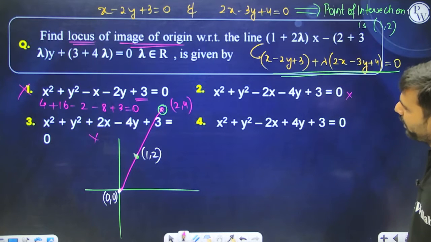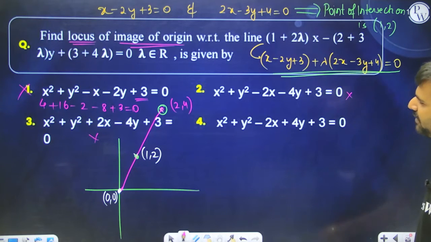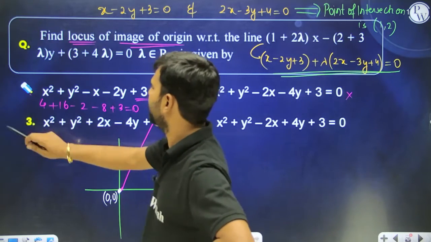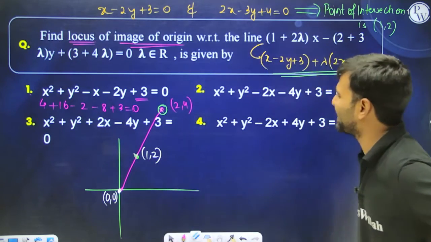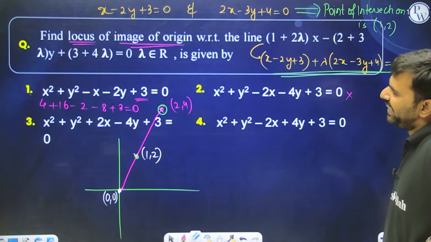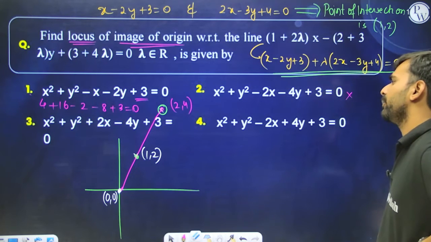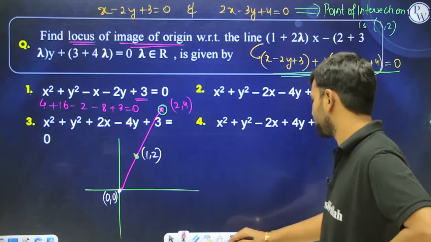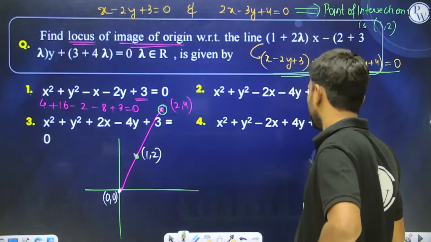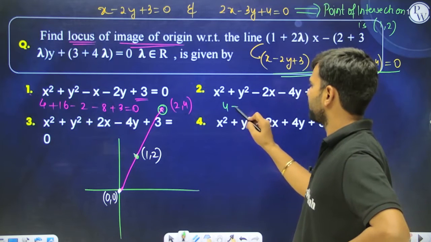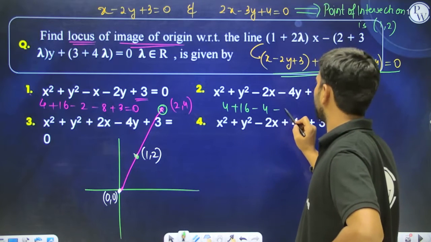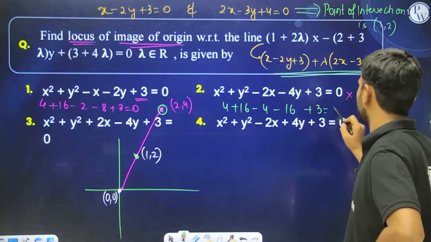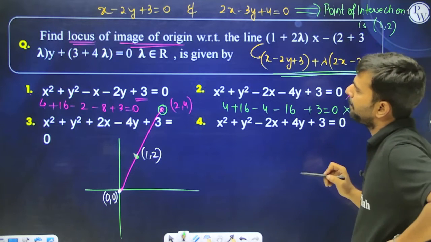So which of the following equations is getting satisfied? Let's see. This is going to be 4 plus 16 minus 2 minus 8 plus 3, so this is going to be 20. No, obviously no. Over here it is going to be 4 plus 16 minus 4 minus 16 plus 3 equal to 0. So this is not our answer.